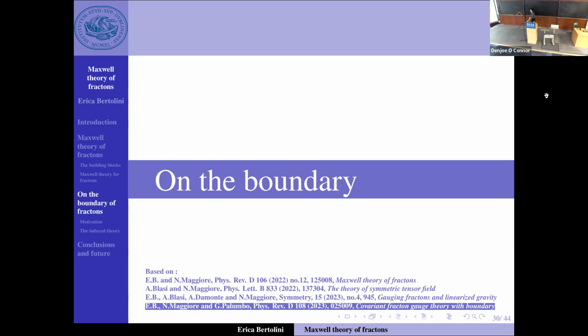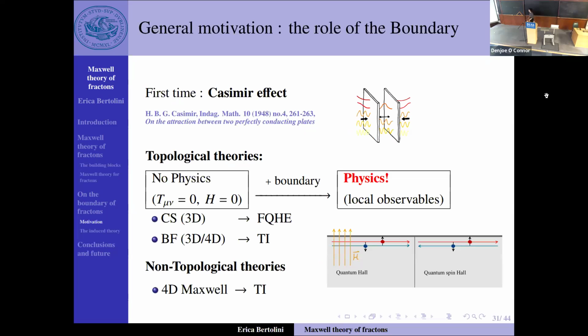Okay, that's the quick next step. There are many examples of the relevance of studying boundaries in QFTs. One of the most notable is concerning topological quantum field theories, which are interesting theories, but on their own not much from the physical point of view, meaning that they have no momentum tensor.